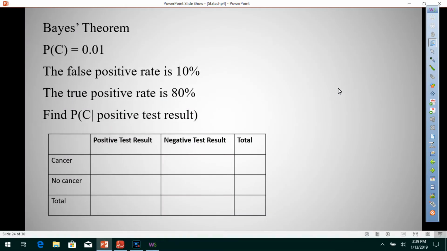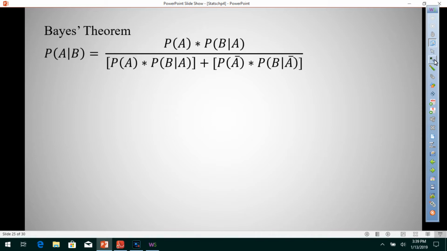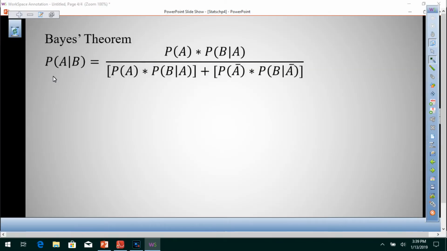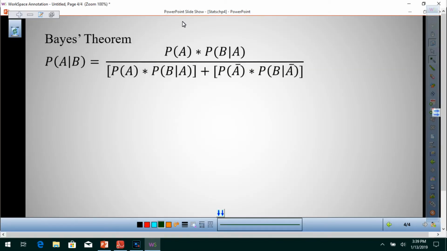We're going to do Bayes' theorem, the probability of A given B. So we're going to say the probability of A is cancer, and the probability of B given A is the probability of a positive test result given cancer.